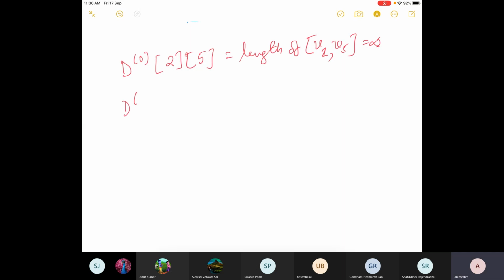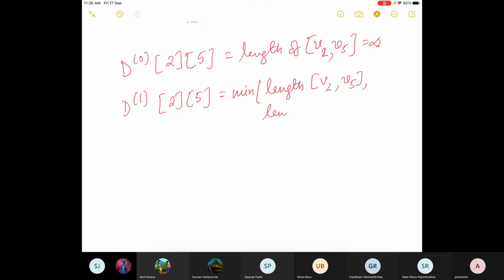Now D1 25. So this is minimum of length of V2 V5 and length of V2 V1 V5.